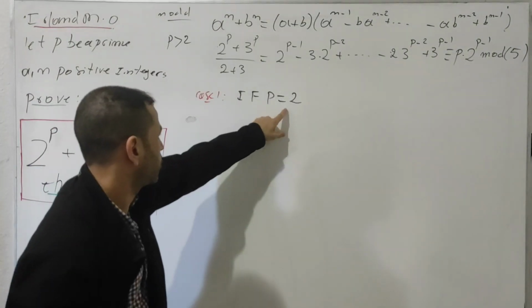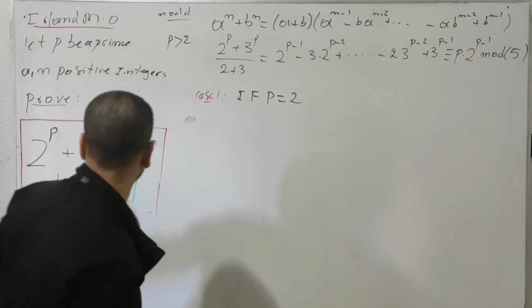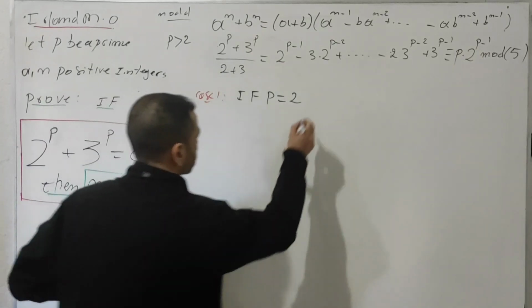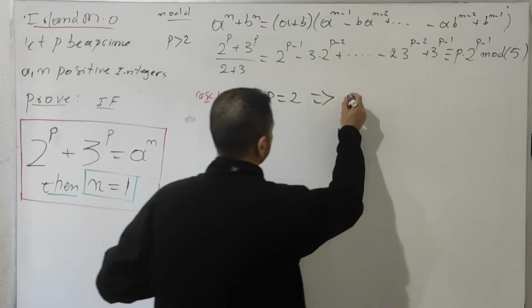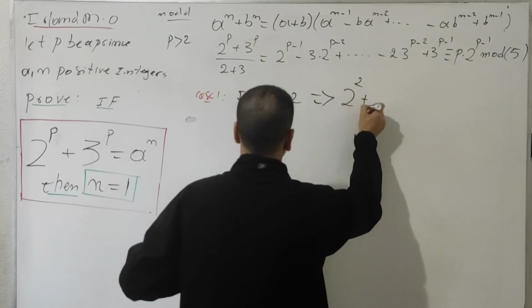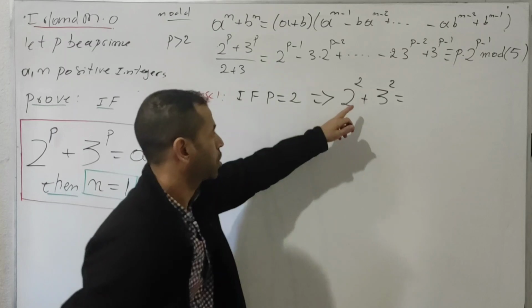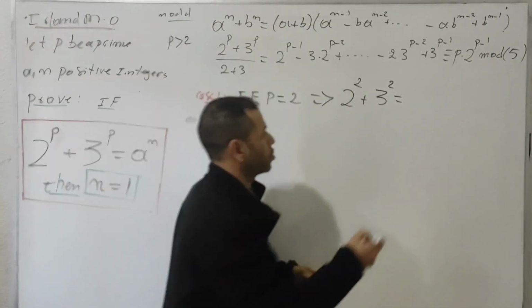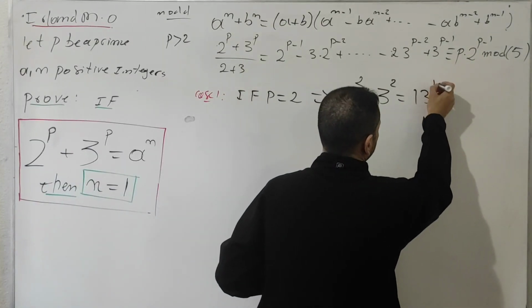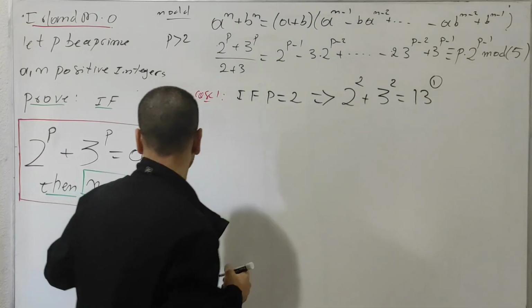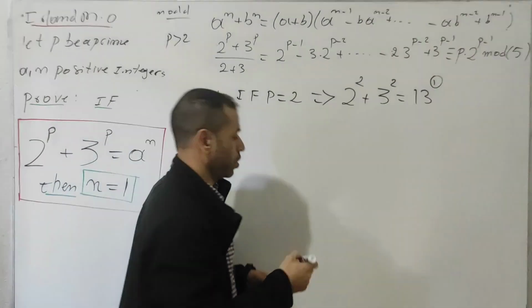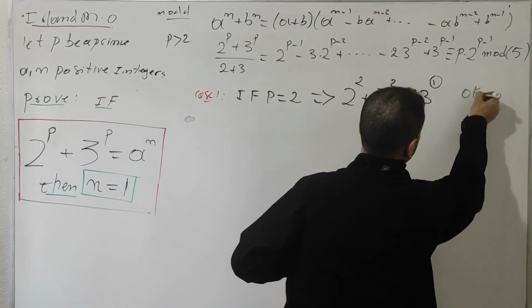So I'm going to plug this value of p into this equation to see what it gives us. This one gives us 2 to the 2 plus 3 to the 2. If you calculate, this gives us 4 plus 9, which is 13. 13, 1 as an exponent. So this one is verifying this one. We are okay. Now we are okay to go.